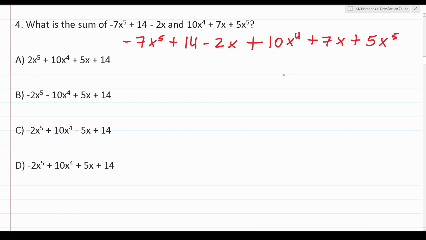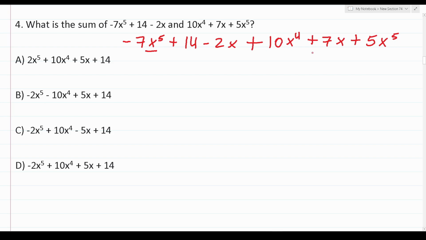Well, what is a like term? I defined that in my video on adding and subtracting polynomials, but let me give you a quick definition here. A like term has the same variable raised to the same power. So for example, negative 7x to the 5th, our variable's x and it's raised to the 5th power.